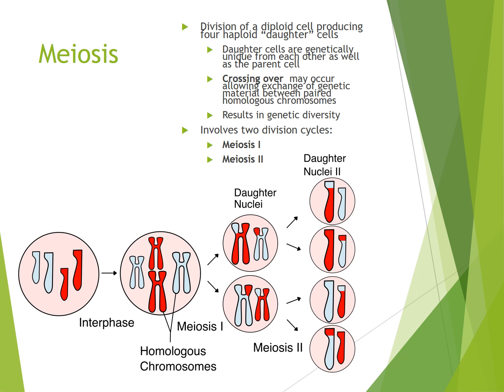Before meiosis can occur, we have interphase, which is part of the cell cycle. And here, during interphase, the DNA in each chromosome becomes replicated or duplicated in the parent cell. These replicated chromosomes are composed of two identical structures known as sister chromatids. Each sister chromatid contains an identical copy of DNA.